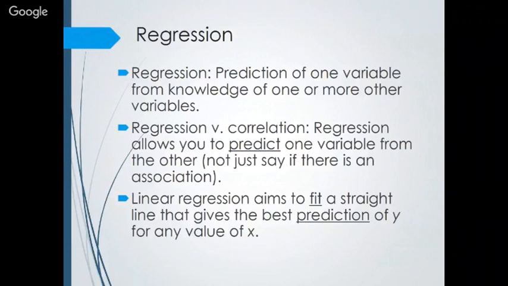So, regression versus correlation. Regression allows you to predict one variable from the other, not just say that there is an association. Correlation says that there is an association, and regression analysis goes further: we can predict a variable with the help of another variable.